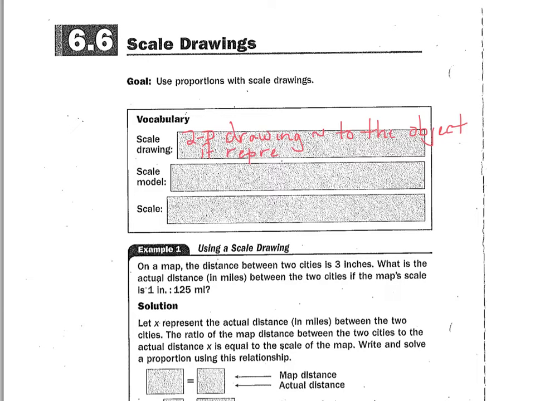We have architects that draw up floor plans for houses. Scale model, the difference is it's a 3D model, like a model car, model airplane, that is similar to the object it represents.